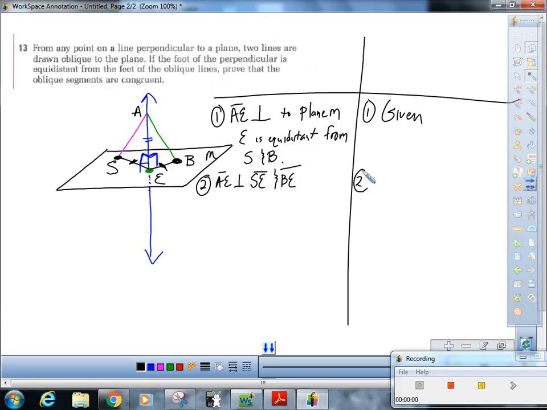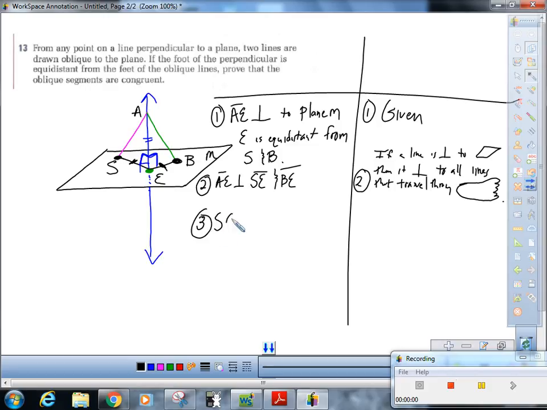And here's the theorem that everybody loves to hate: if a line is perpendicular to a plane, then it is perpendicular to all lines that travel through the foot.